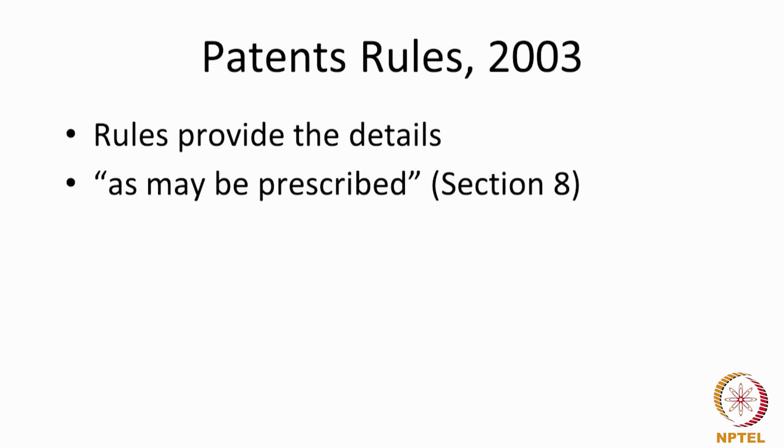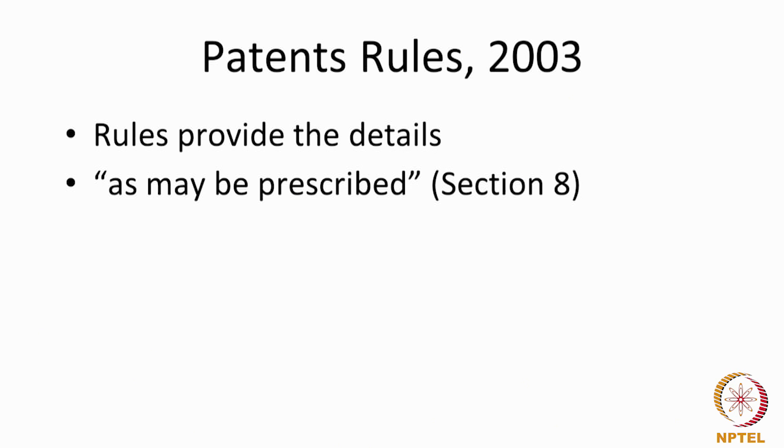Now, what this prescription is, is not there in the act. What is the period that may be prescribed is not mentioned anywhere in the act. The period as may be prescribed is mentioned in the rules.